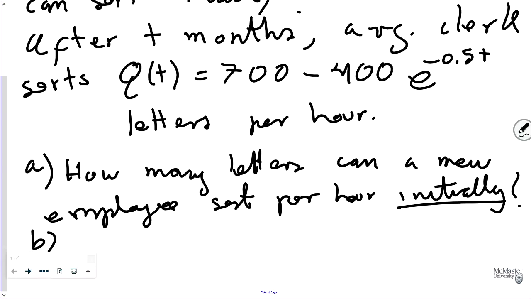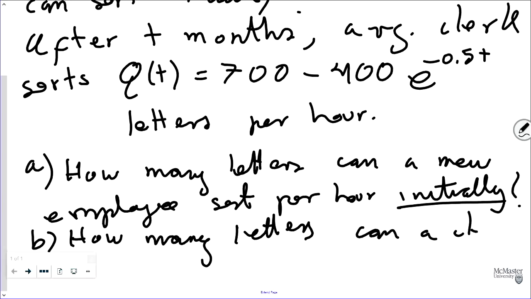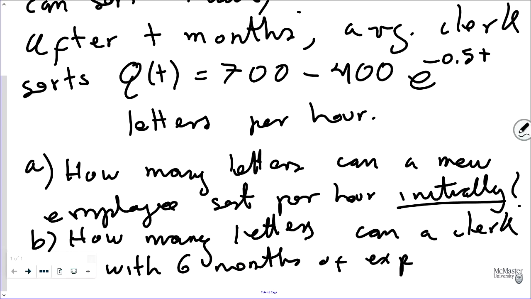The second is, how many letters can a clerk with 6 months of experience sort per hour?